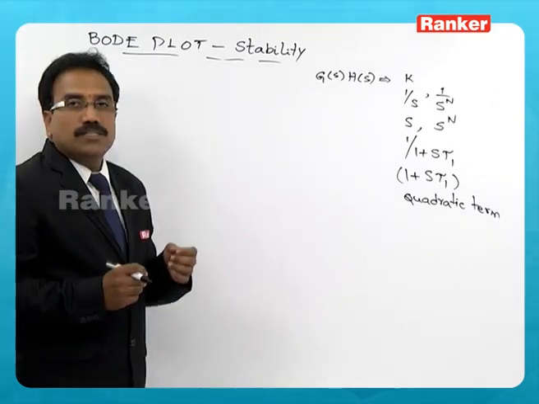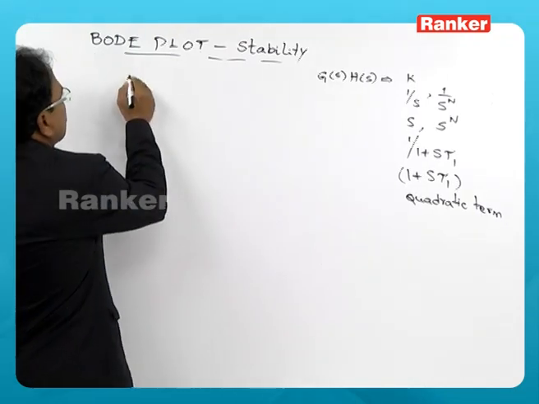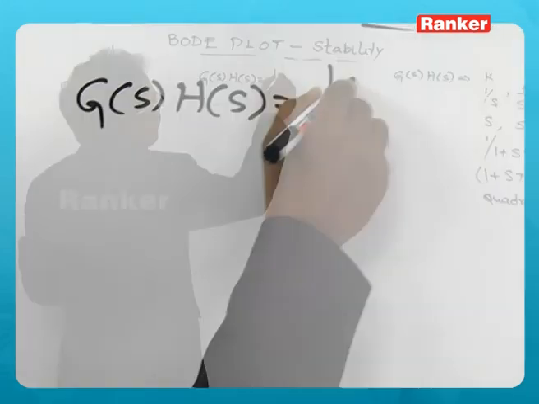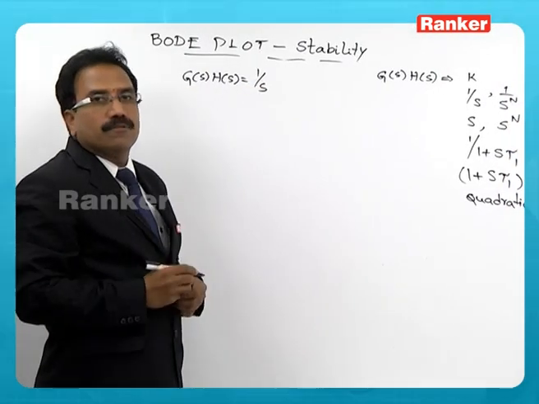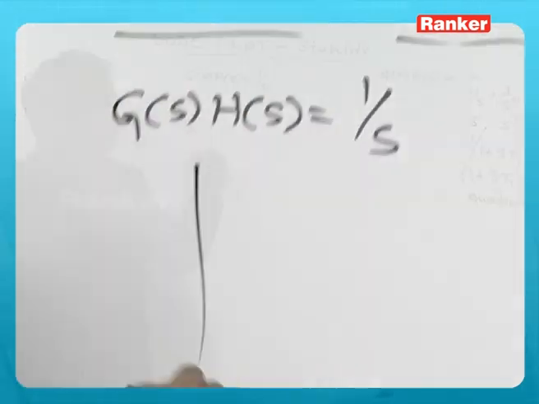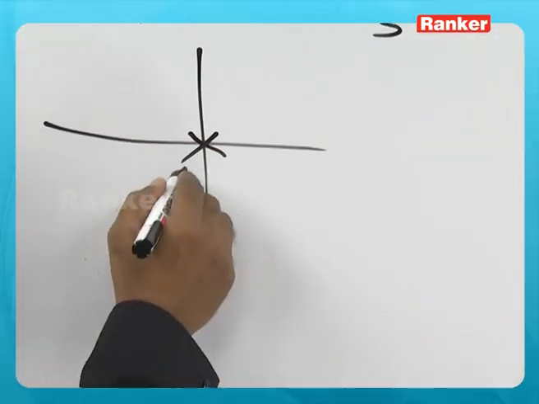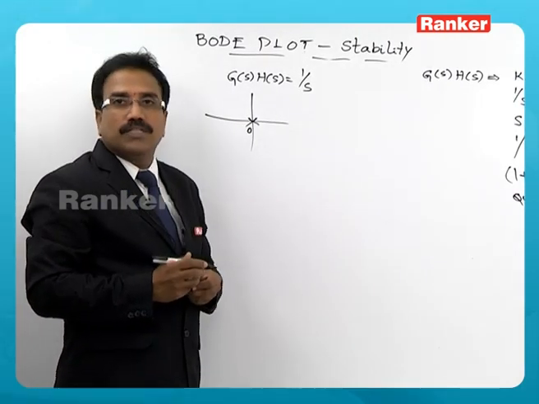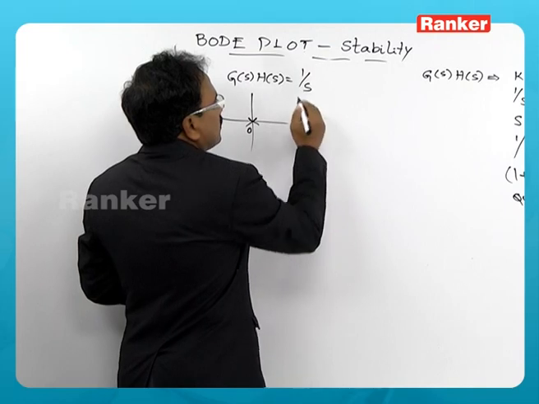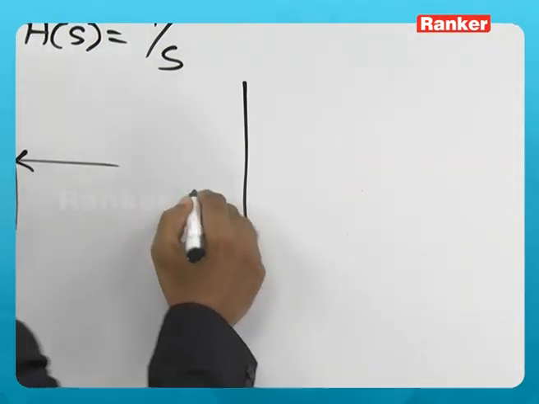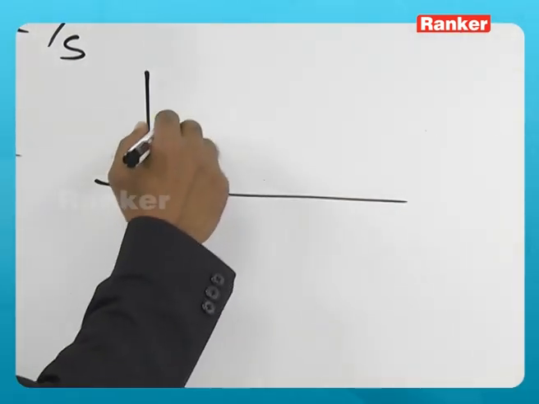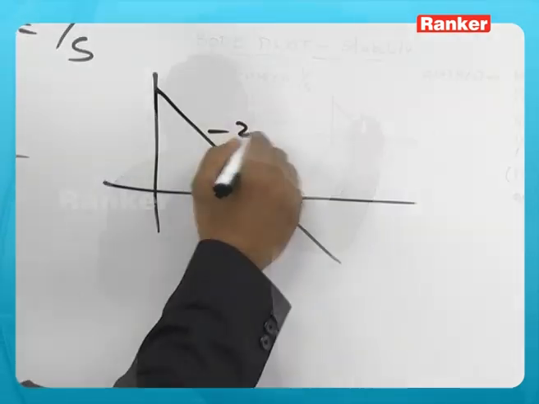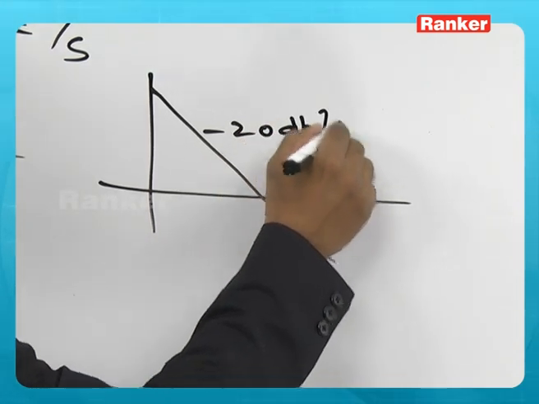When there is a pole at origin, suppose the given function is pole at origin. So, as you know that pole is located at origin in S plane. So, what will be the magnitude plot for this? So, as this is a pole, it will have a slope of minus 20 dB per decade.